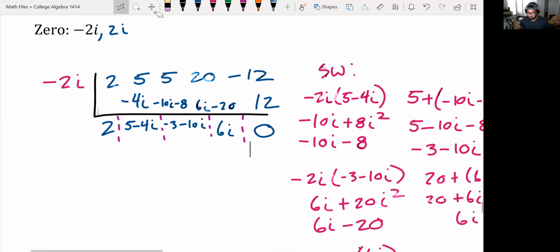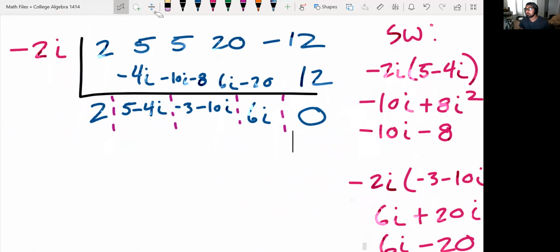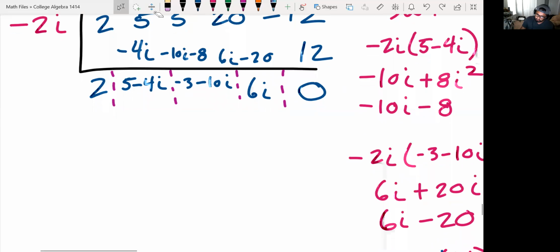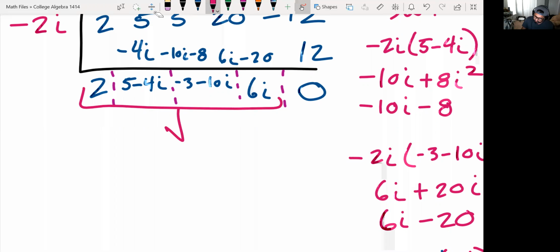Amazing, right? But we're not done, because we have to break it down one more time. We are not going to write this in depressed form. That'll be way too depressing. We're just going to throw our quotient back into synthetic division. So all of this, we go back into synthetic.